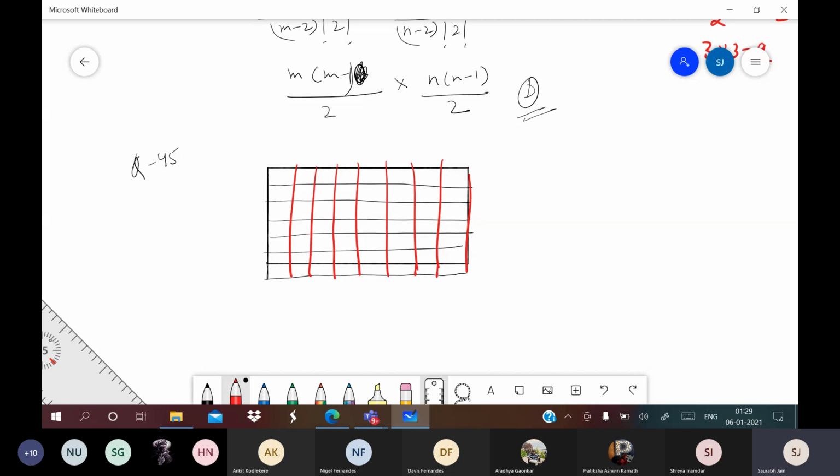Okay, so what happens in a chessboard? They are asking the number of squares. So what you will do? You will find the number of squares with the help of the size of the square.